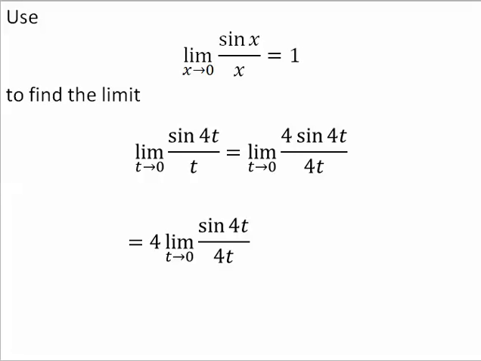So my angle and my denominator are going to 0 at the same rate. And so sine of 4t over 4t, as t goes to 0, is equal to 1. And the overall limit is 4 times 1, or 4.